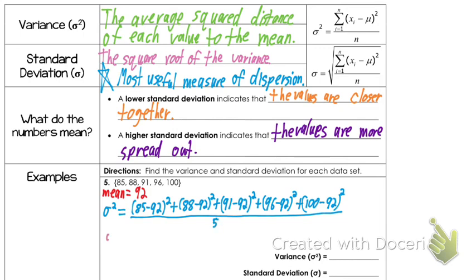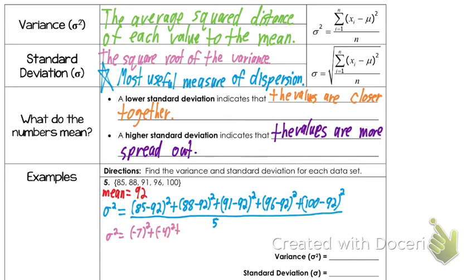Now mathematically, at this point, we can just subtract. What is 85 minus 92? Negative 7, in parentheses, and it'll be squared. Plus the next one, 88 minus 92. Negative 4, in parentheses being squared.